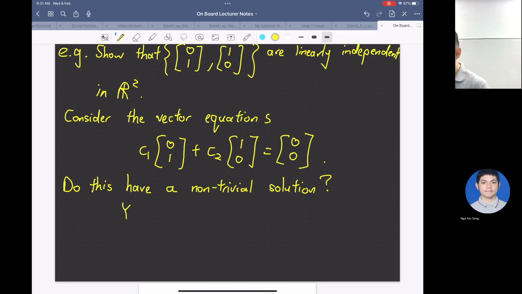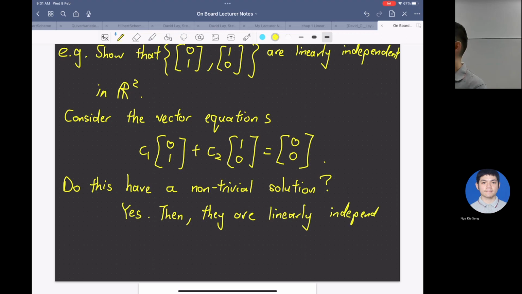If yes, then they are linearly dependent.